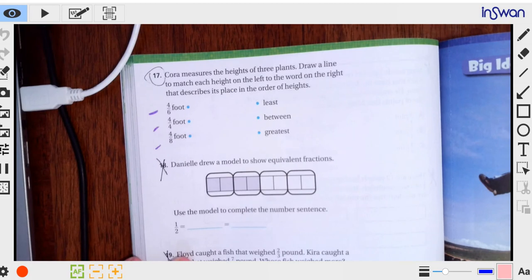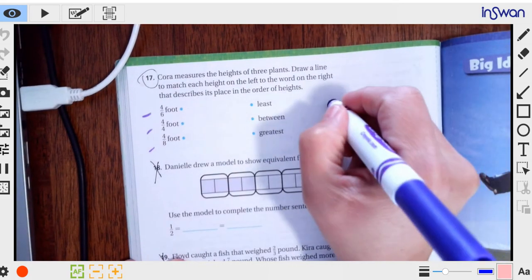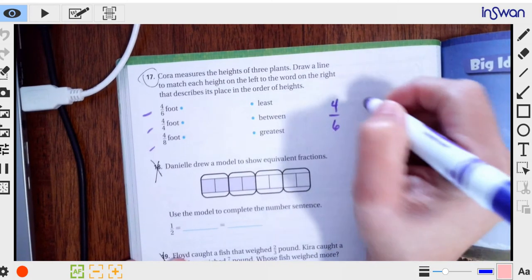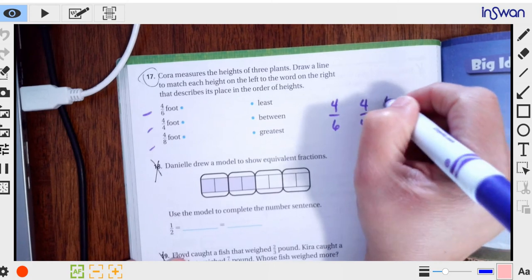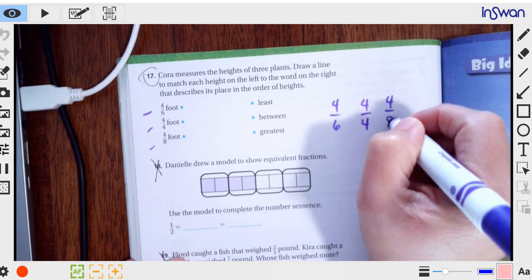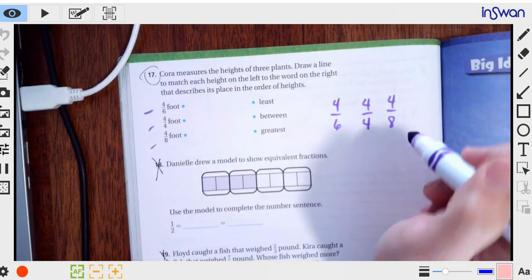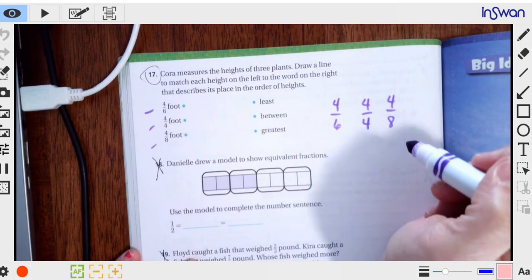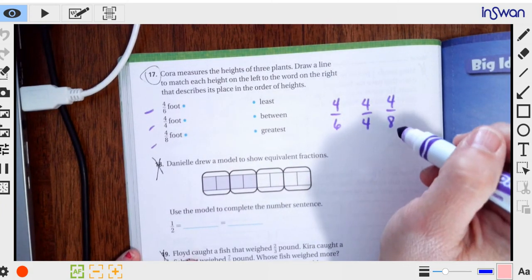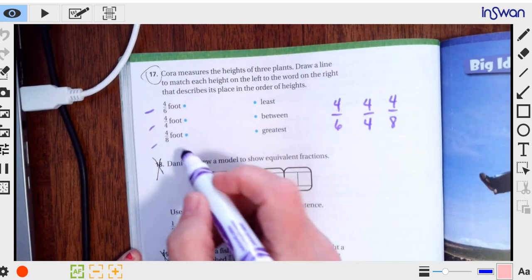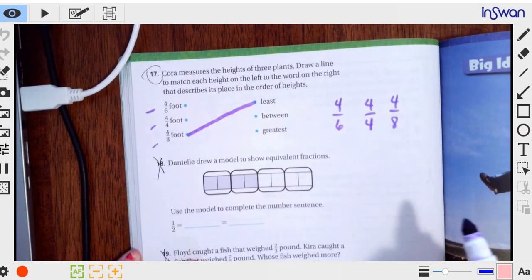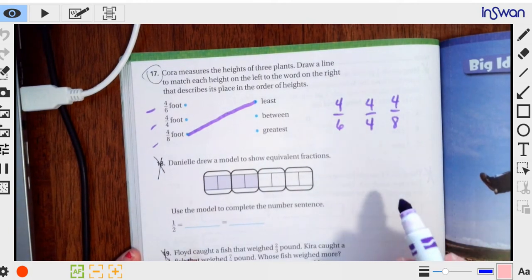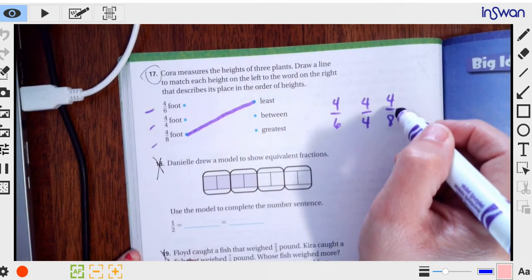Okay, ladies and gentlemen, the denominators are not the same, but the numerators are. So now we look at the size of the pieces. Okay, when we're talking about the unit fraction, which piece is the smallest? Well, it will be the 8, because it is broken up into more pieces, and the pieces are going to be smaller. Okay, that is the least.